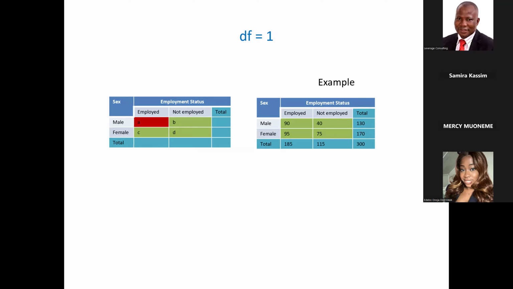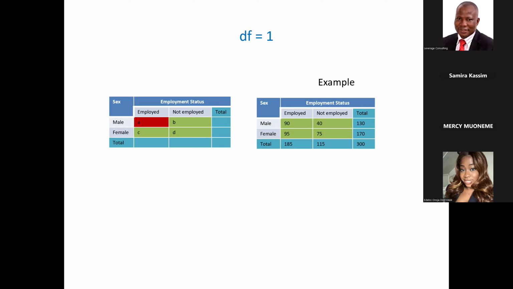If we change any value, to maintain the totals, for this 2 by 2 there's only one you can change. Only one value can vary. For example, if this 40 instead becomes 35, that shows that 19 will become 24, and 95 will become 100, for you to add up to 130.